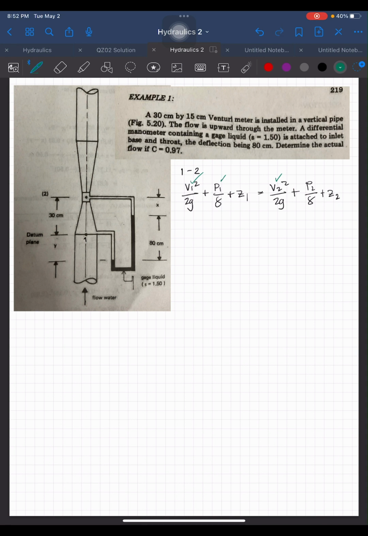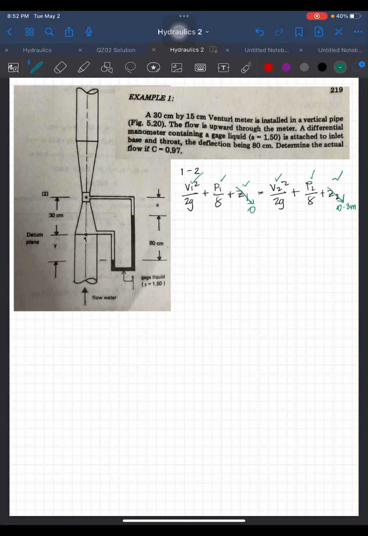So definitely meron pa rin naman magagamit natin sila, or hindi sila maging hindrance para makapag-compute tayo ng tamang sagot. Okay? And then Z1 and Z2 is syempre available naman yan. Okay. So let's try. We know that if the datum is through point 1, we know that Z1 is 0 and Z2 is 30 centimeters or 0.3 meters. Okay, so meron na tayong dalawang values.